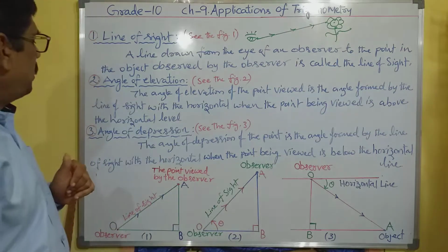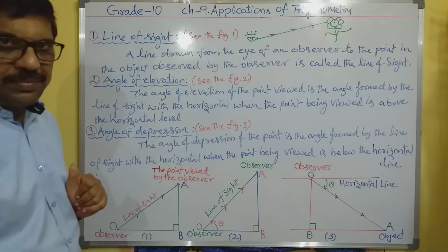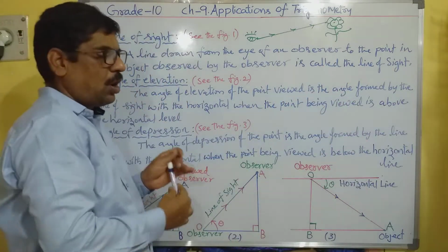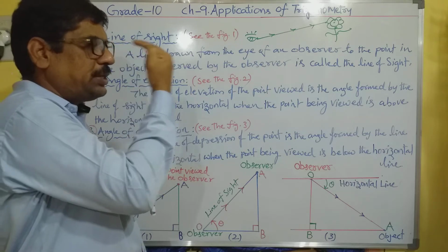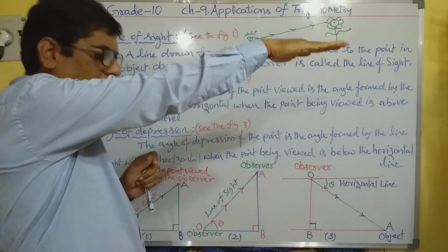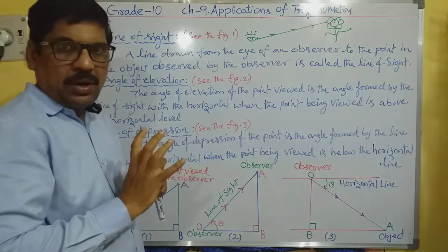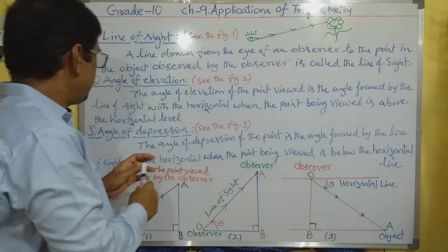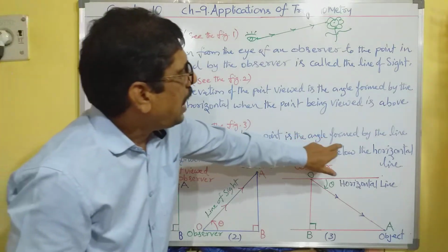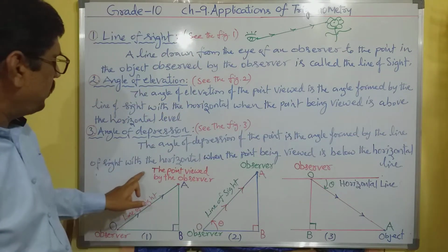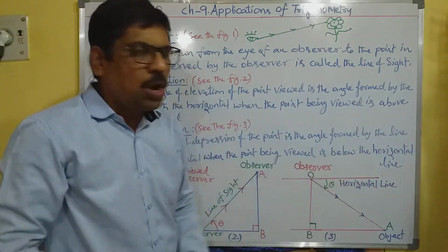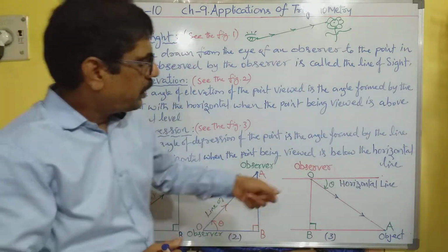Now, look at the third one, angle of depression. If the object is below the horizontal, just straight from our eye, if you look straight, that is the horizontal. If you look downwards to observe an object, then the angle of depression of the point is the angle formed by the line of sight with the horizontal when the point being viewed is below the horizontal line. Look at this.